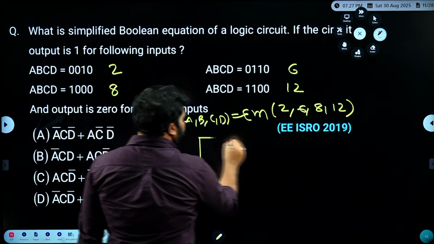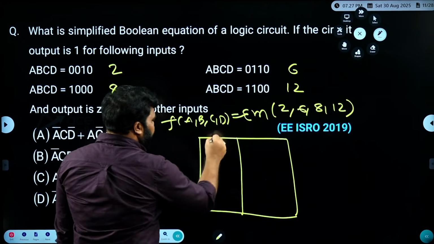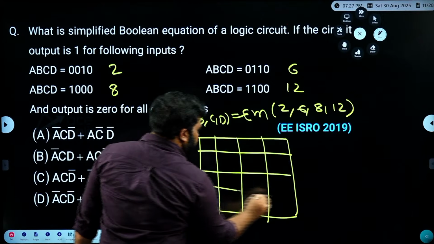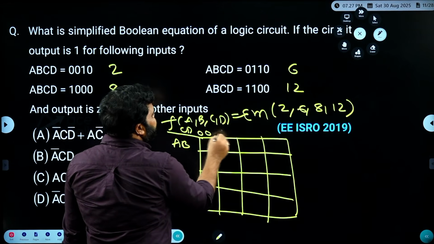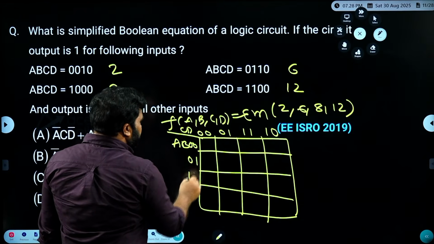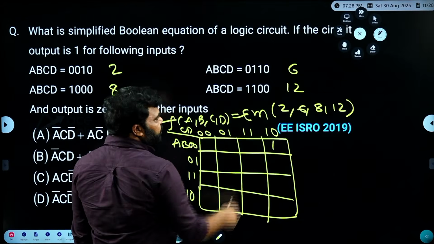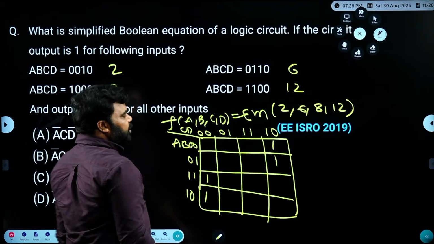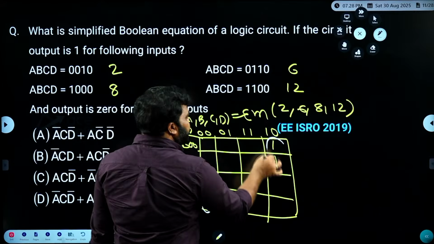Let me take a K-map to simplify the given function. Variables are A, B, C, D. 2 is a minterm, 6 is also a minterm, 8 is a minterm, and 12 is also a minterm. Then, observing the grouping, this is one grouping, this is another grouping.